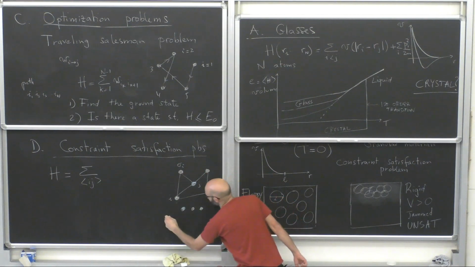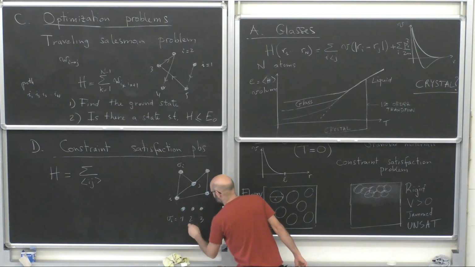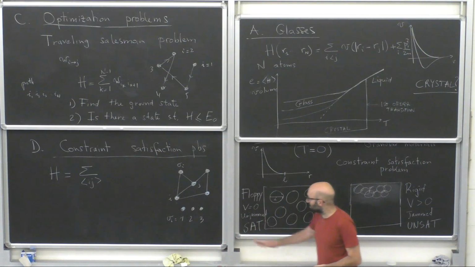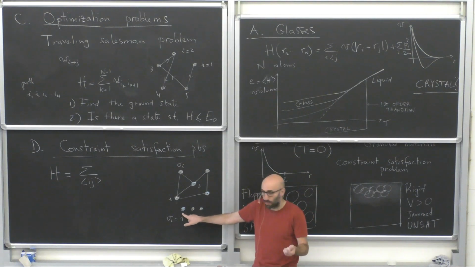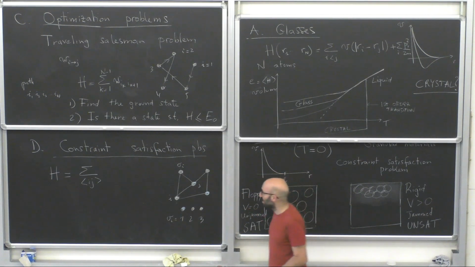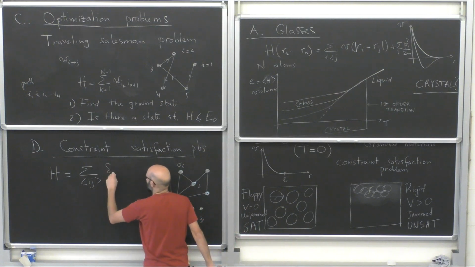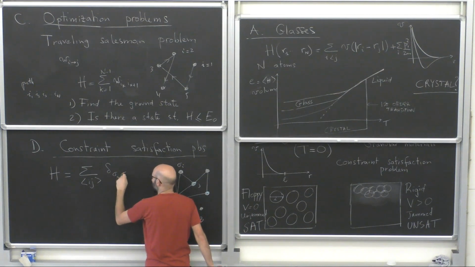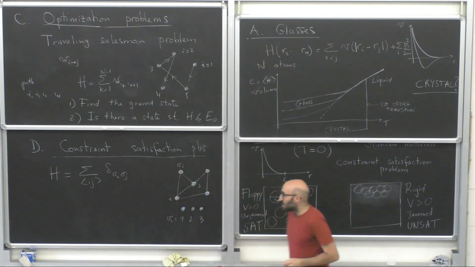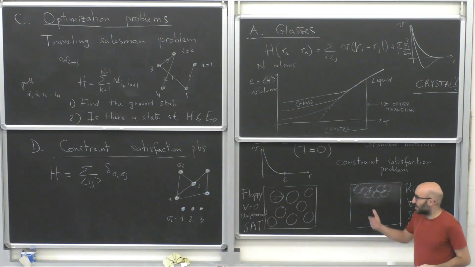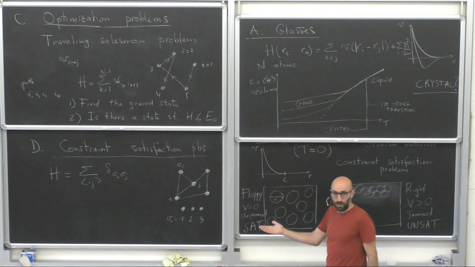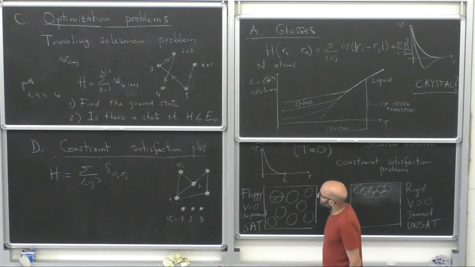Sigma i is a Potts spin that takes 3 different states, 1 for color blue, 2 for color red, and 3 for green. And then here I just put a delta of sigma i, sigma j. So this is an antiferromagnetic Potts model in physics notation.